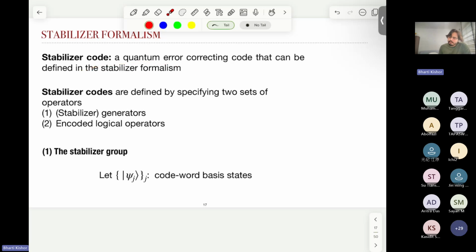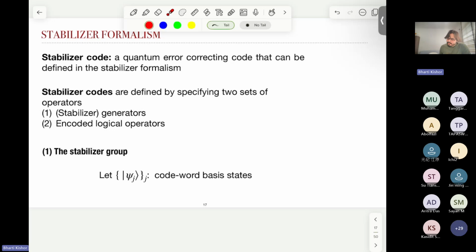But for the moment, this is how stabilizer codes are defined. To specify a stabilizer code, you need stabilizer generators and encoded logical operators. Actually, the generators will be enough, because from them you can determine the logical operators.